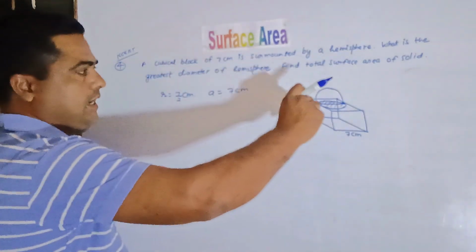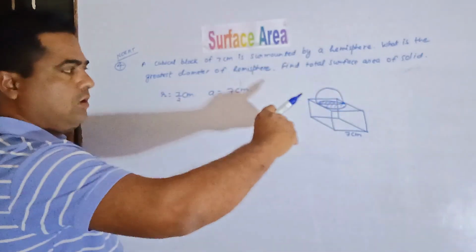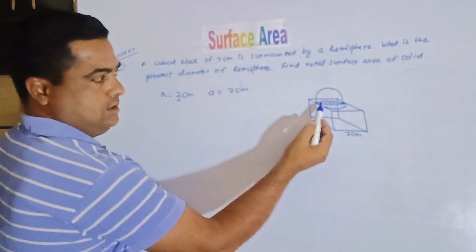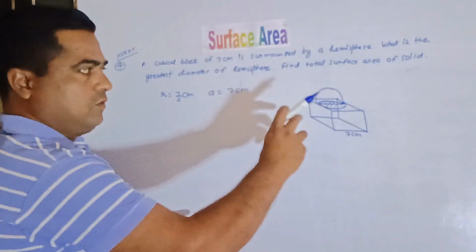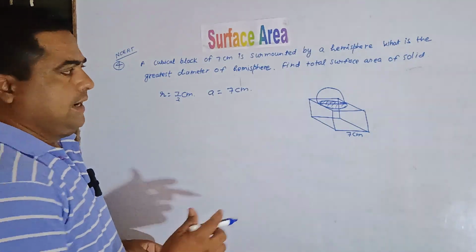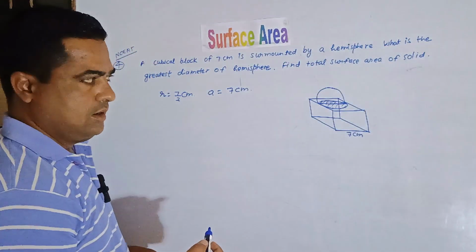We will do painting on the surface of the solid, correct? You can do painting on every surface of the cube except this circle, correct? So we will subtract area of this circle from total surface area of the cube, and you can do painting on the curved surface area of hemisphere, correct?